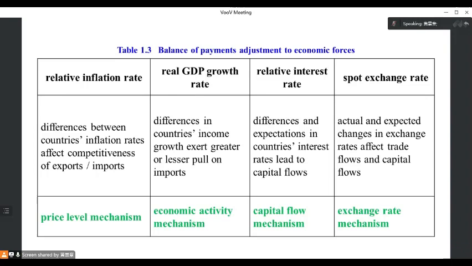So when a country's real GDP growth rate increases or reduces, this country's international balance of payments will be influenced by the real GDP growth rate. We can call this the economic activity mechanism.